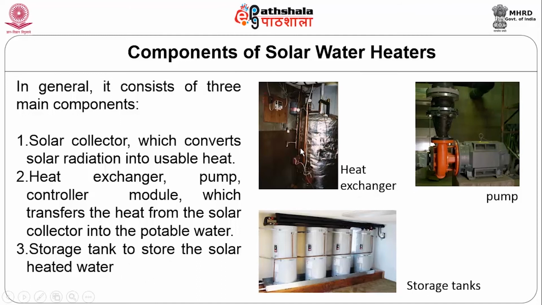This is the heat exchanger, and this is the pump. This is because it is forced circulation. These are the storage tanks, and this may be in industries, that is, an industrial water heating system.